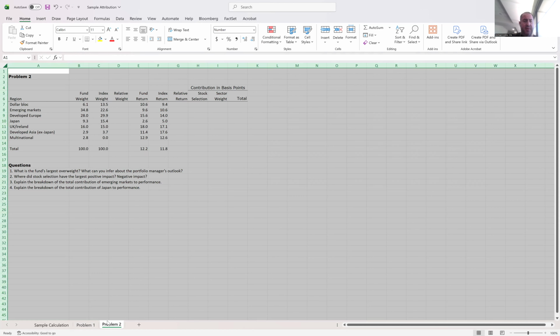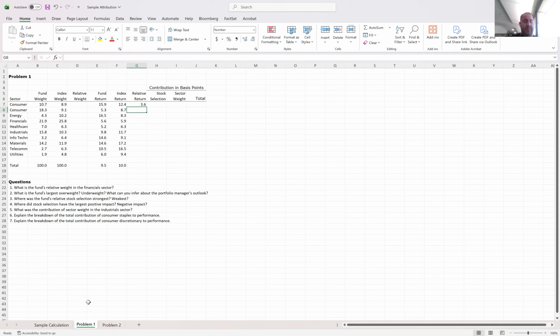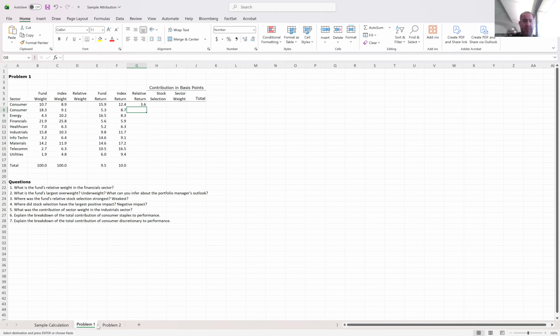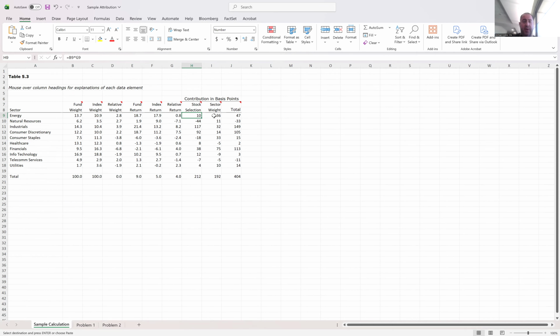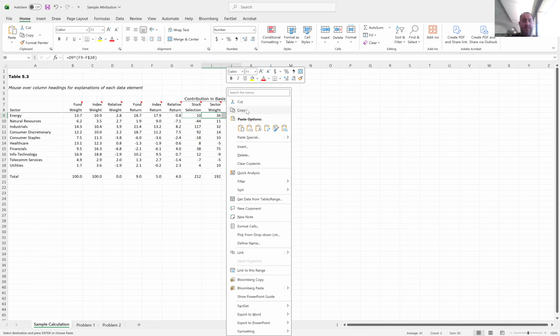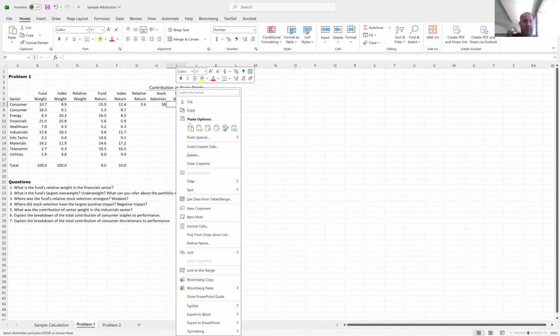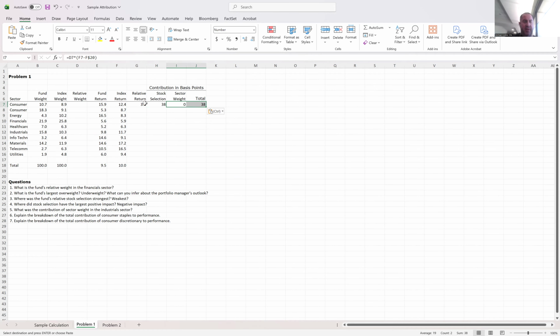See what we have here. Stock selection. I can copy that part over. Next. You know what? We can go through and just copy both these at the same time. And then we have a little Excel magic here. We go across and we just pull all those formulas down.